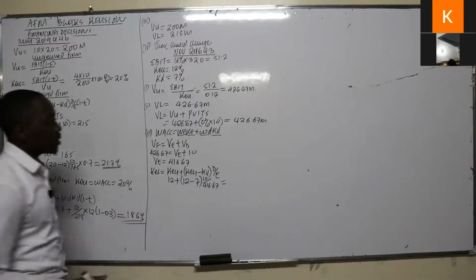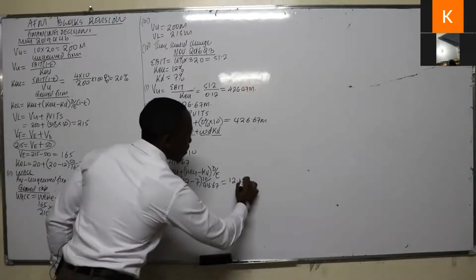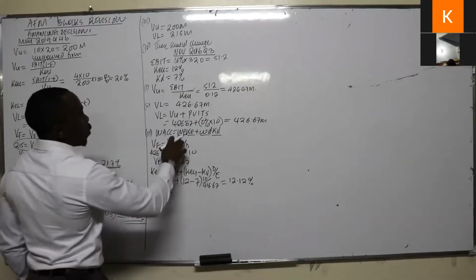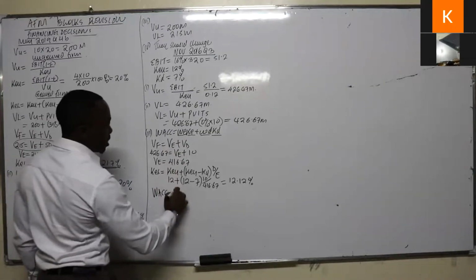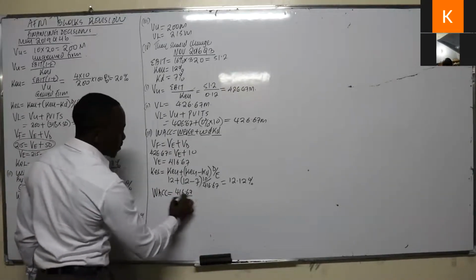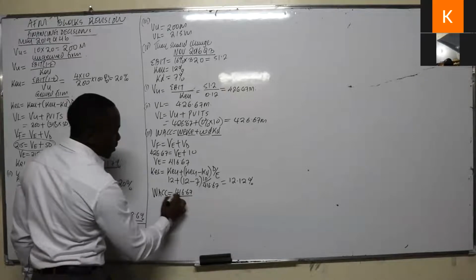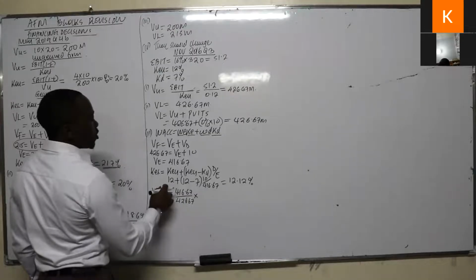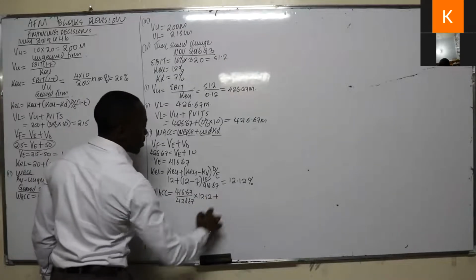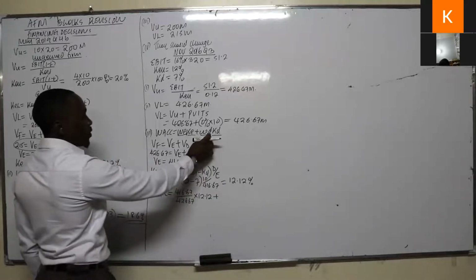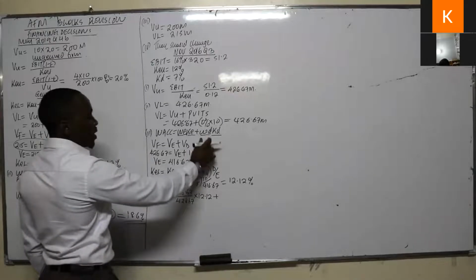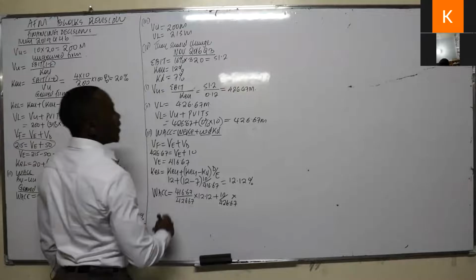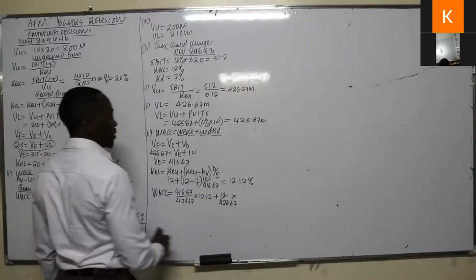You get 12.12%. So let's get WACC. Weight of equity: the value of the equity, 416.67, divided by the value of the firm, 426.67, multiplied by the cost of equity, 12.12, plus the weight of the debt: 10 million divided by the value of the firm, 426.67, then multiplied by the cost of the debt. How much is the cost of the debt?